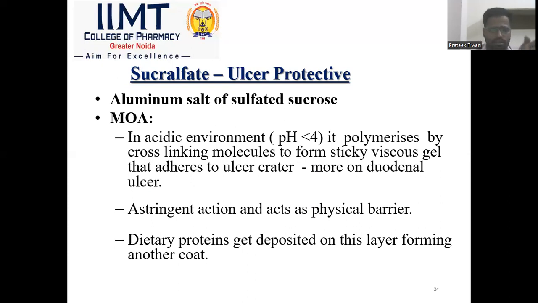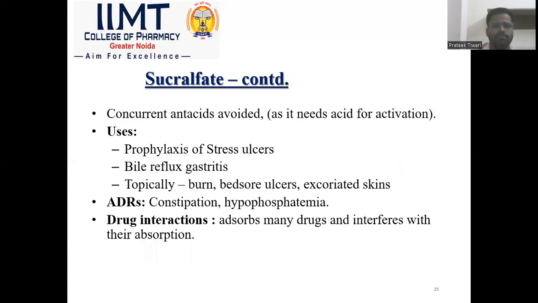So once it forms the layer over the ulcer, the acid does not go directly in and cause erosion and all those things. It acts as a barrier in the case of peptic ulcer, and dietary proteins also get deposited on that layer, forming another coat and increasing the protection of the ulcer from the acid, and the ulcer starts healing.